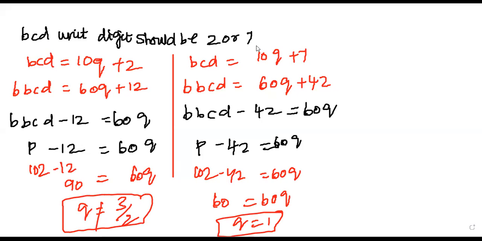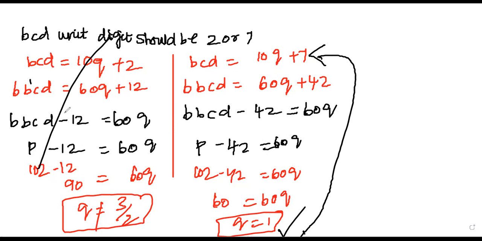You can choose the positive integer, which means the BCD is this. Because you are not allowed to choose this, you are getting Q as 3 by 2.